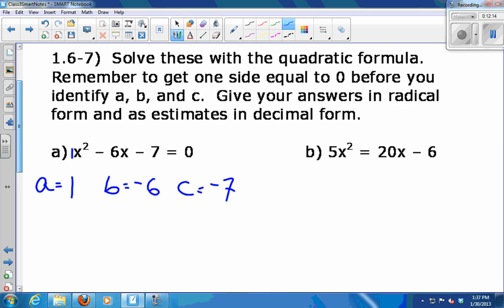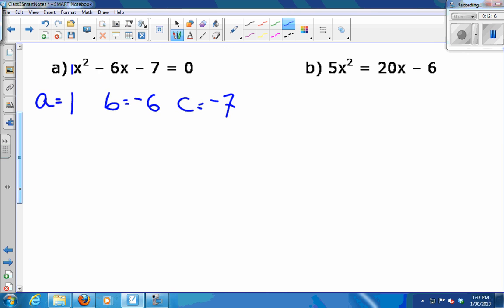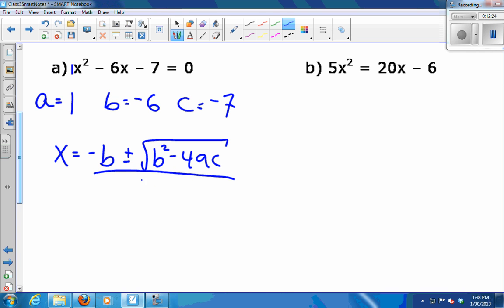Now we can just take those numbers and plug them into the quadratic formula. X equals negative b plus or minus the square root of b squared minus 4ac all over 2a. Okay, good. So now you just replace the numbers in the formula with the numbers that you've written down here. This is negative b.